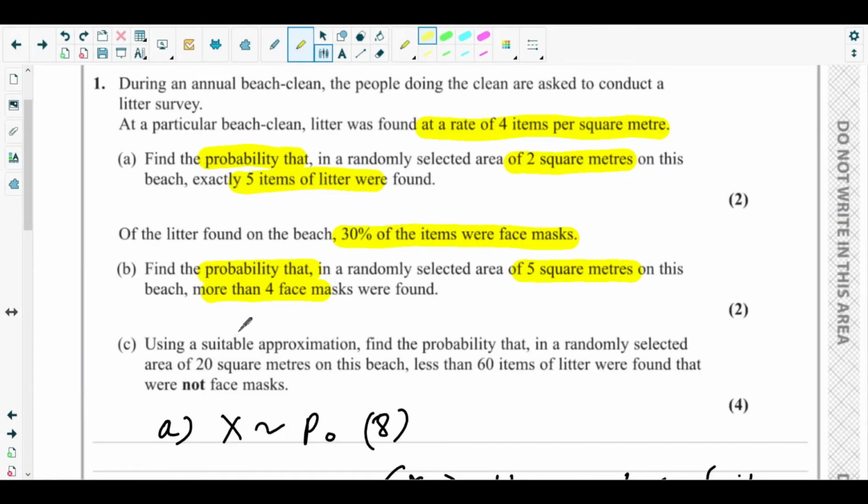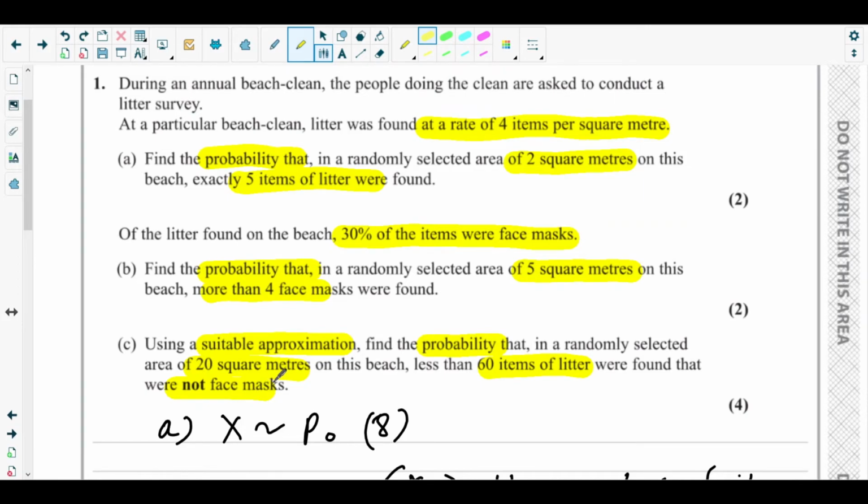In part C, the question is asking to use a suitable approximation to find the probability that in a randomly selected area of 20 square meters on this beach, less than 60 items of litter were found that were not face masks.